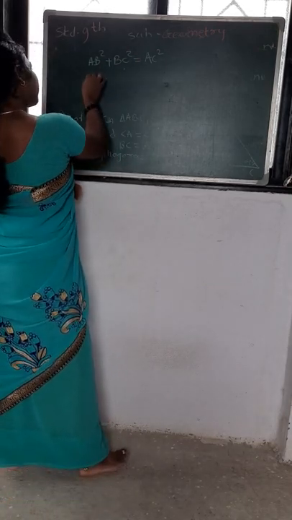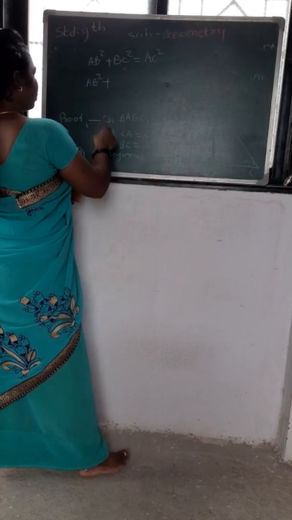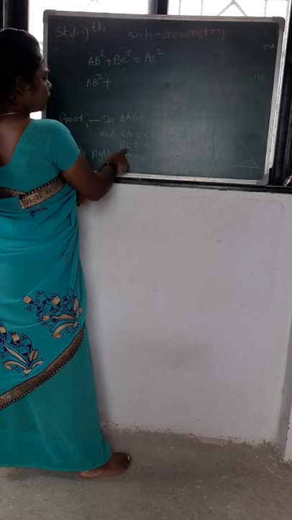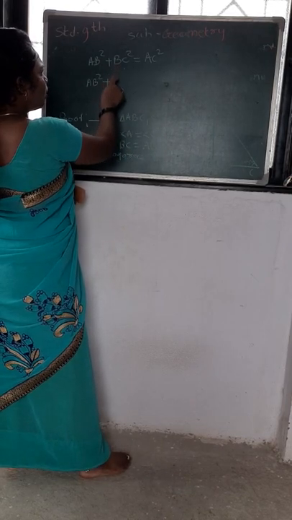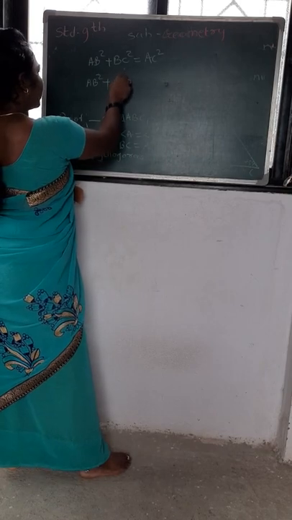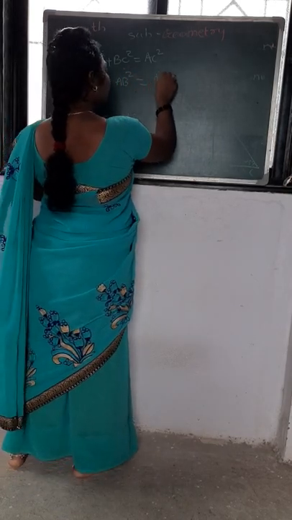Since it is given in the statement that BC is equal to AB, we write AB for BC.